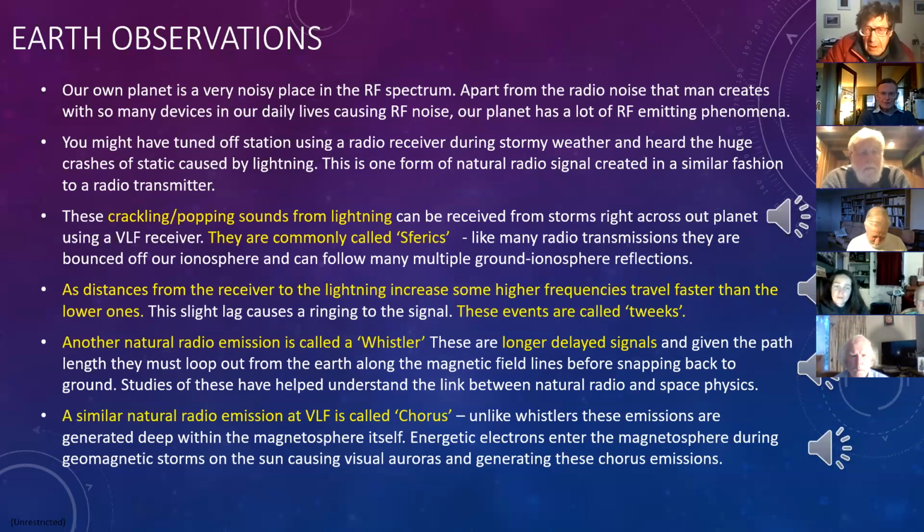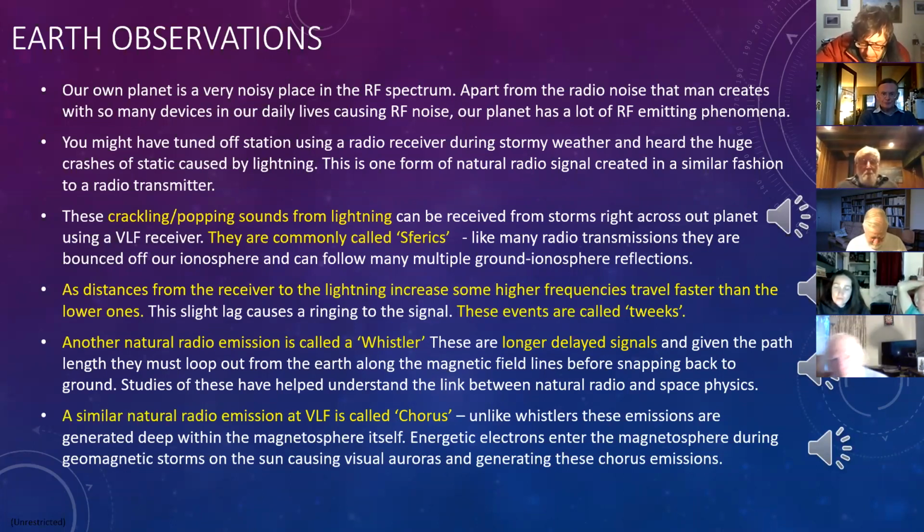There's another natural radio emission that you will hear at VLF, and these are called whistlers. When the lightning is emitting these static emissions, some of that signal gets looped out along the magnetic field lines of the Earth before it then snaps back onto the ground.